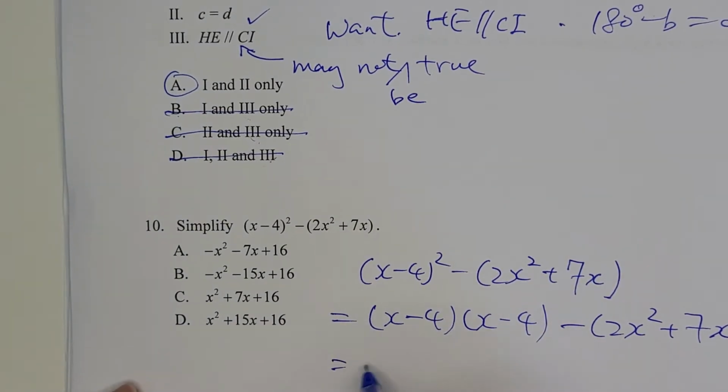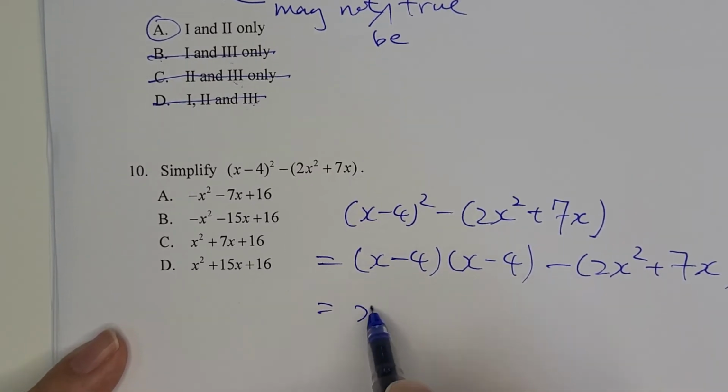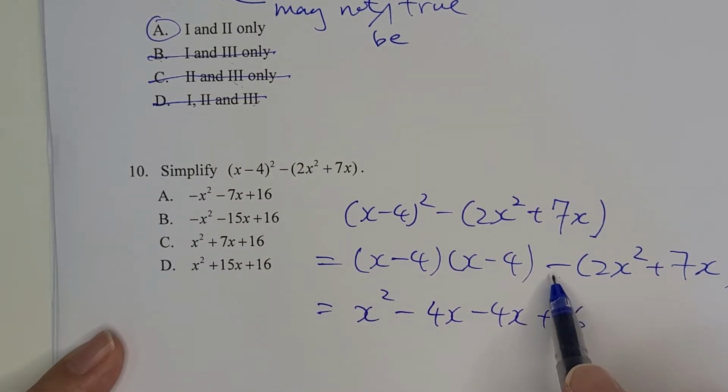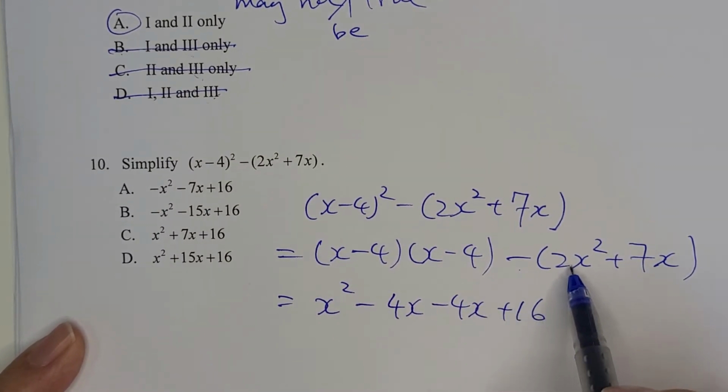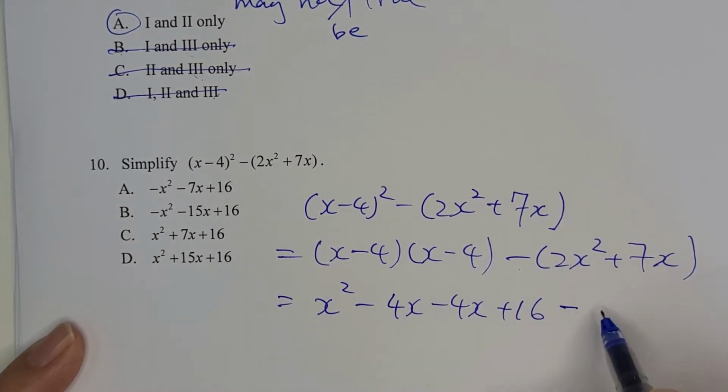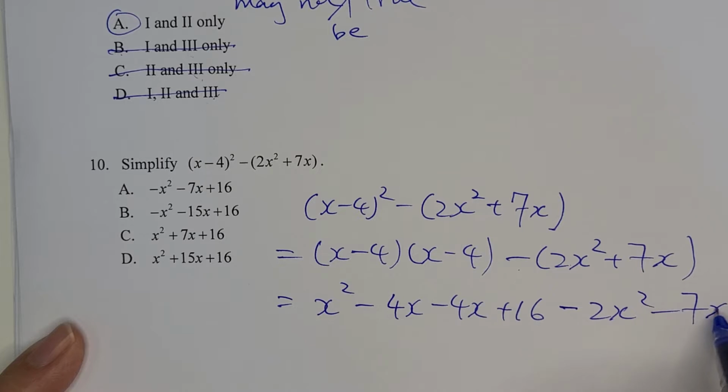So you can expand this one, that is x squared minus 4x minus 4x plus 16. And here you need to multiply this negative sign inside to both terms. There's negative 2x squared minus 7x.